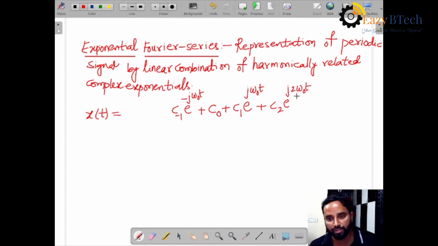This is the harmonic frequency, an integer multiple of the fundamental frequency. Please remember these words: fundamental frequency omega naught, and second harmonic frequency 2 omega naught.